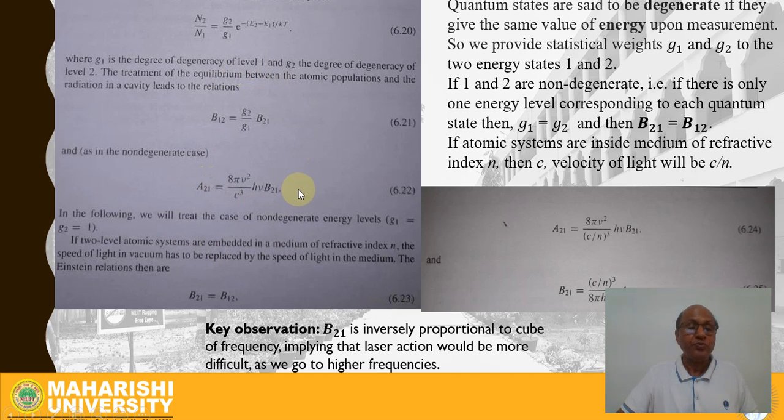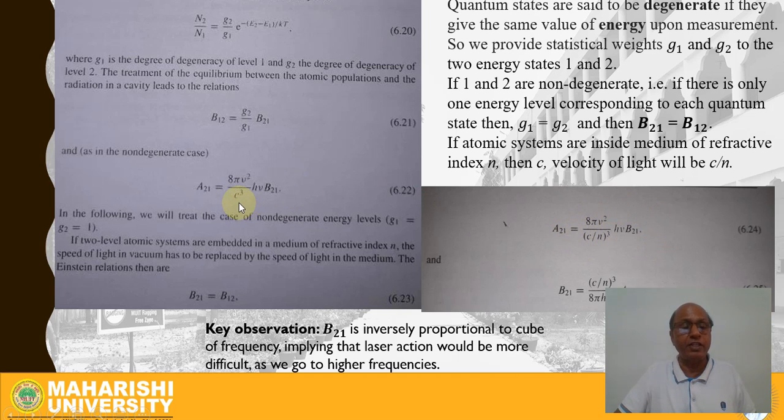Now let us assume another condition: the atomic transitions are taking place in a medium of refractive index n. Then what will happen? The speed of light in vacuum will be modified because of the refractive index value. Under such a situation, this equation 6.22 becomes equal to this value.